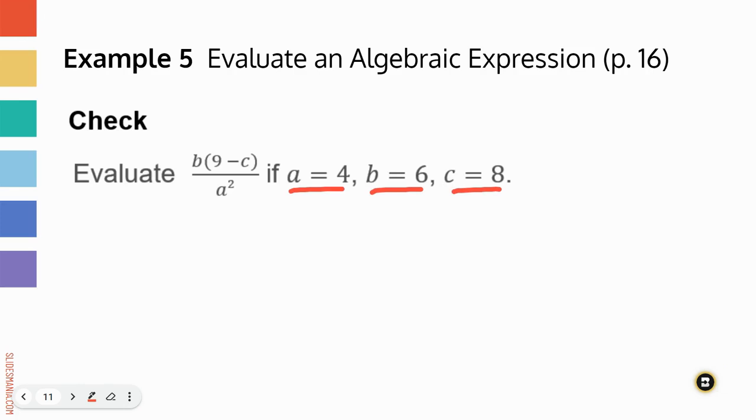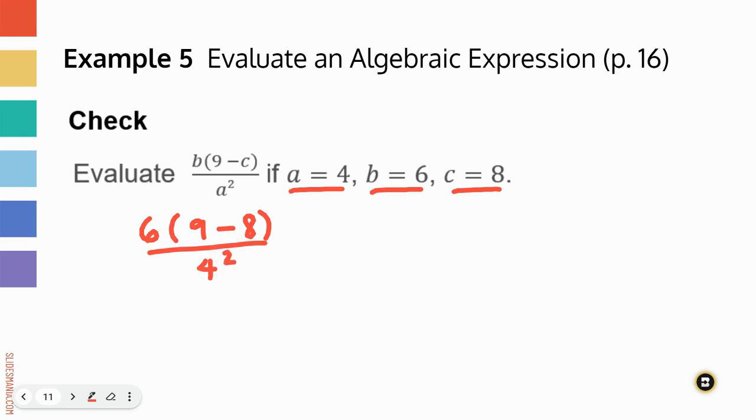Okay, so we start off with b, which is 6, and then parentheses, and then 9 minus c, which is 8. Close your parentheses. And on the bottom, the denominator, we have a squared, so that would be 4 squared.